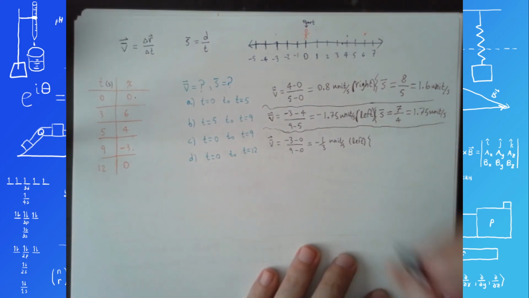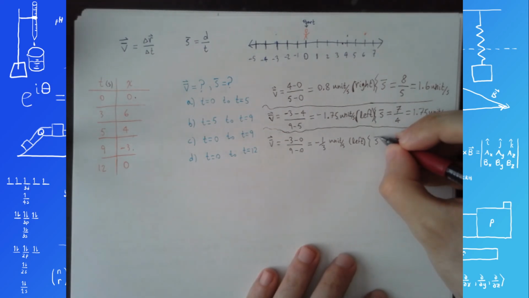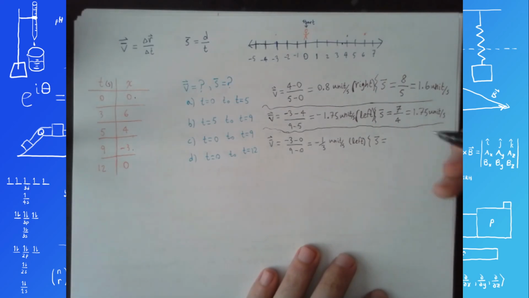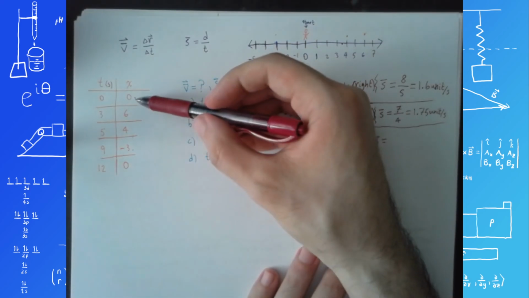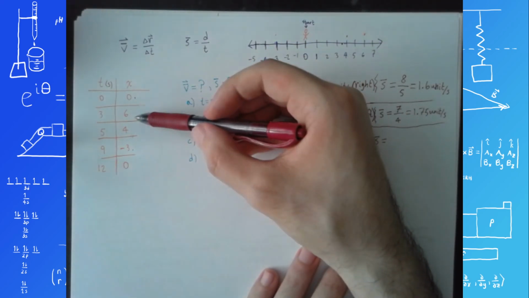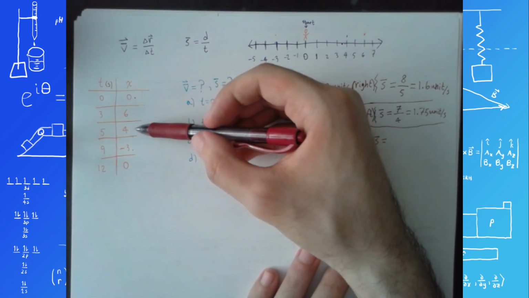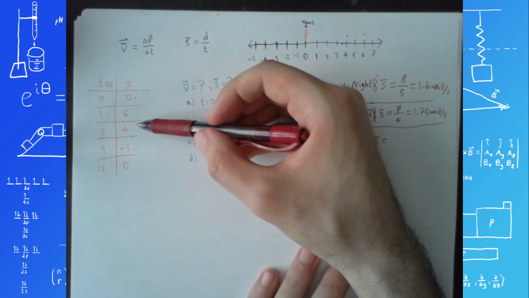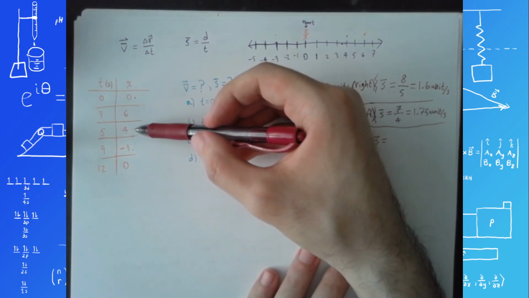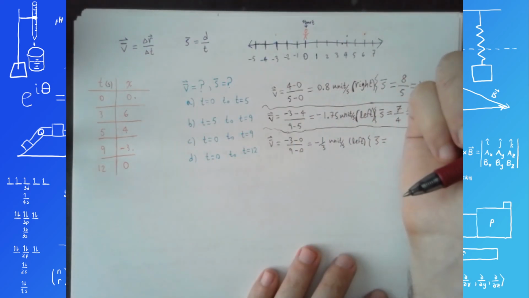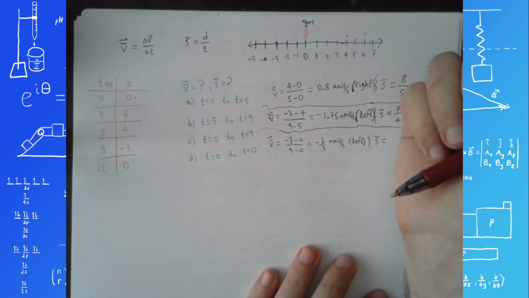And then average speed is going to be total distance over total time. So total distance, they went from 0 to 6, that's 6 steps. Then from 6 to 4, that's 2 steps back, so that's 8. And then from 4 to -3, that's 7 more steps.